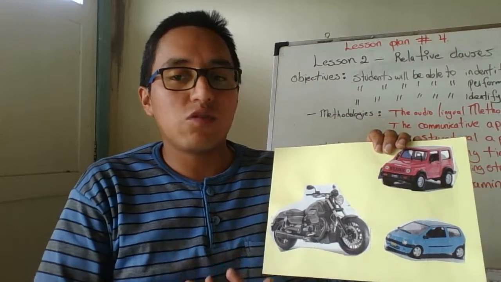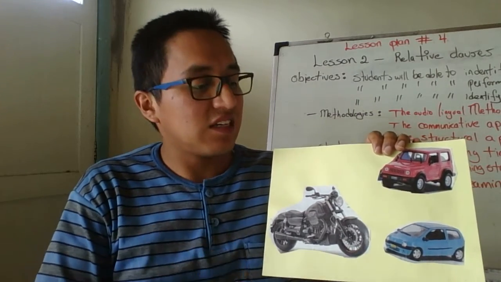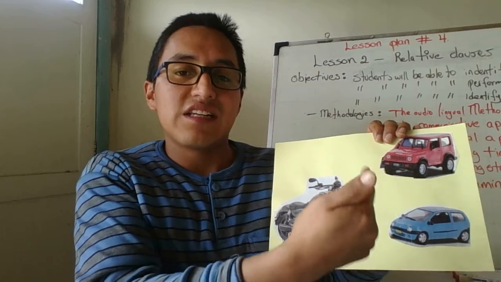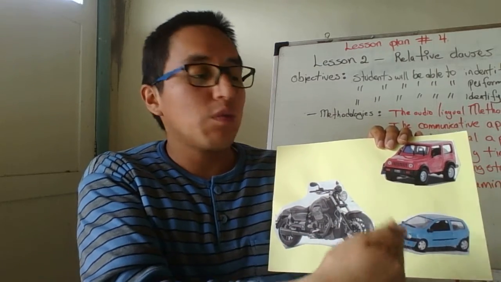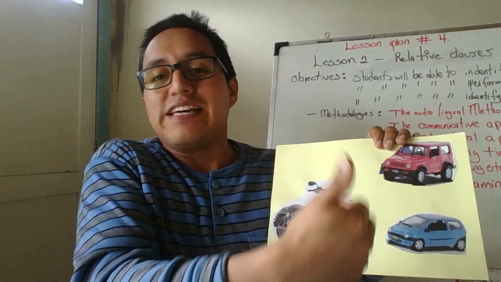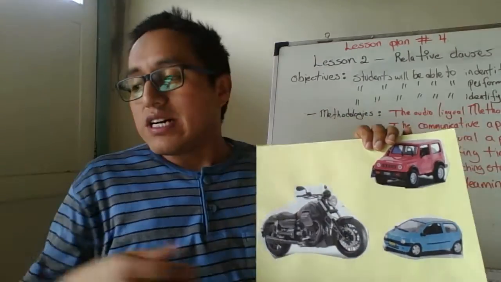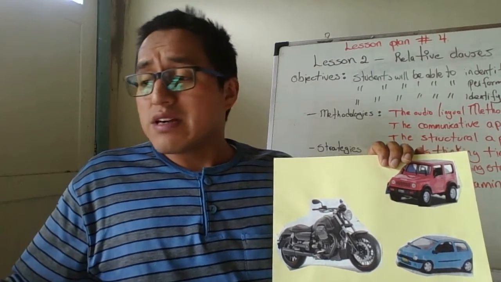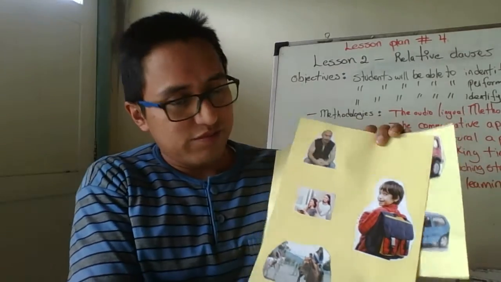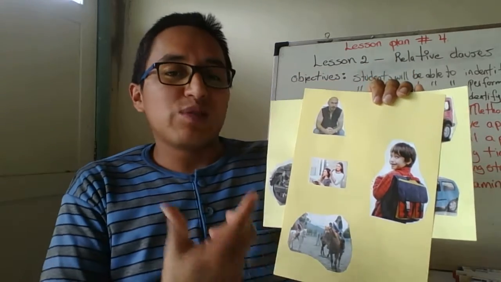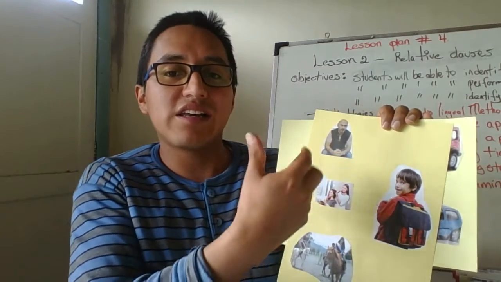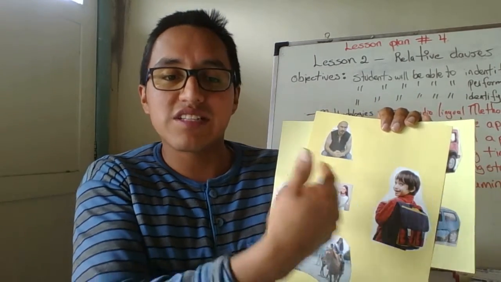One student can say, that is a card that my father bought me last week. Yes, this is very helpful to learn relative clauses. We have another. One student can say, we have a backpack. One student can say, that is the backpack that my father gave me on my birthday.